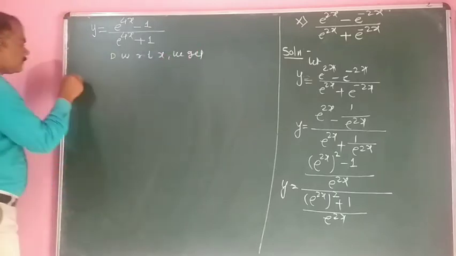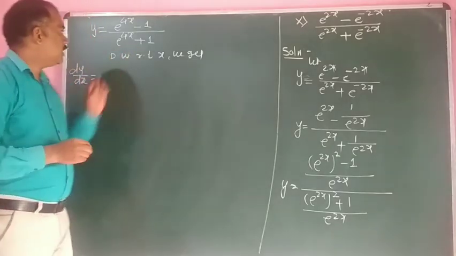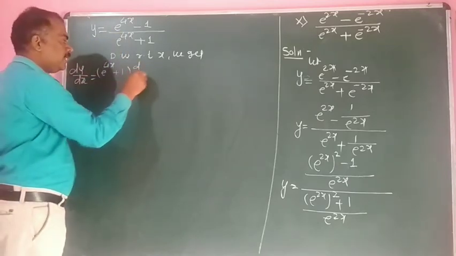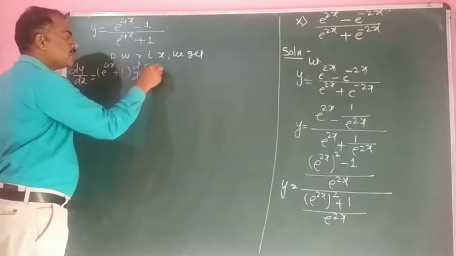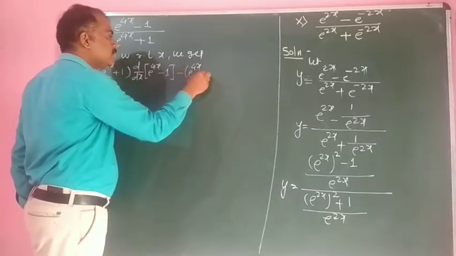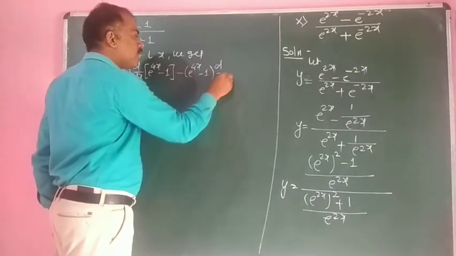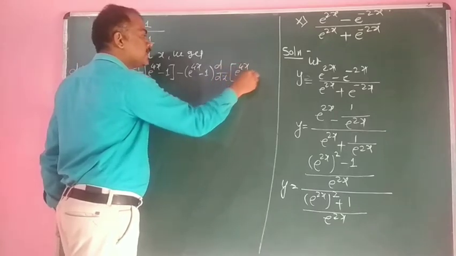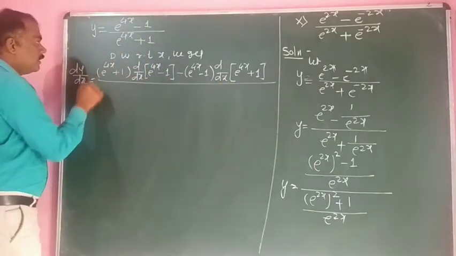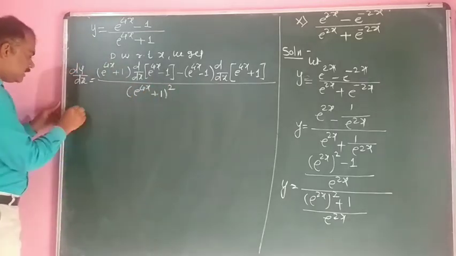We get dy by dx is equal to, again by using the quotient rule, denominator e^(4x) plus 1 into the derivative of the numerator, d/dx of e^(4x) minus 1, minus numerator e^(4x) minus 1 into the derivative of the denominator, d/dx of e^(4x) plus 1, divided by (e^(4x) plus 1) squared, that is the square of the denominator.